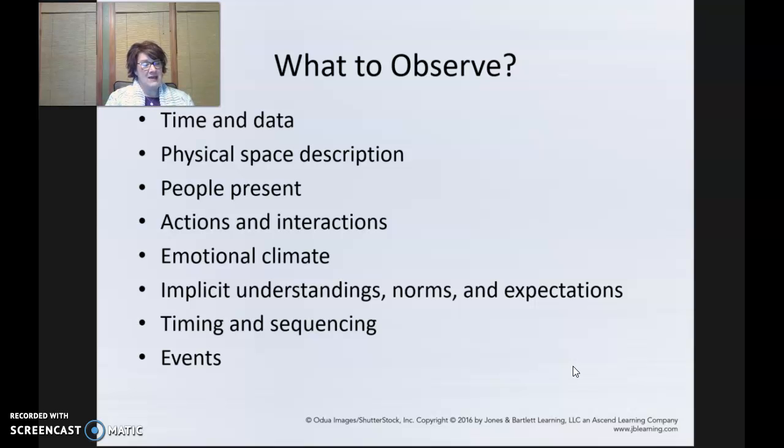Also know that each and every one of us has our own biases, and we may not even be aware of those biases. Sometimes those are implicit biases, things that, because of the way we were raised, the way that we live, that's just how we see the world. Everyone has those to a certain degree.